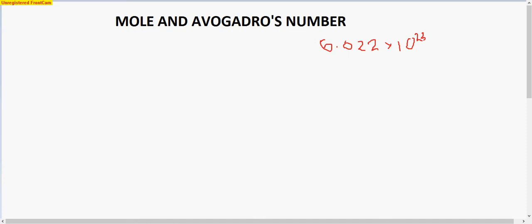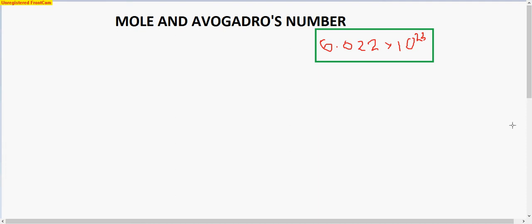That is Avogadro's number. We need that, so I'll put it in a box.